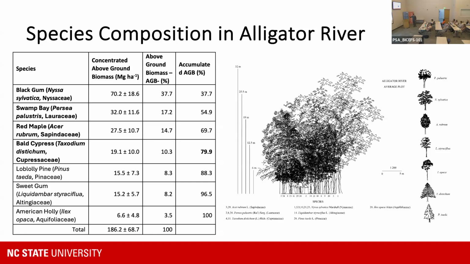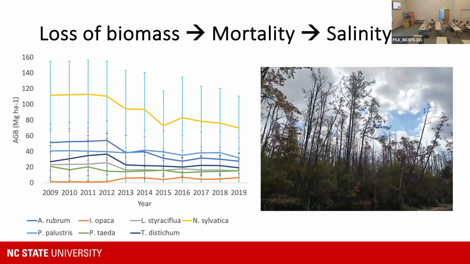So this is really cool, but what is even cooler is that we have 10 plus years of data on diameters and biomass. And we have been able to see from this a loss of biomass that we believe is maybe due to salinity. We are not 100% sure. Maybe it's just water level increasing that is causing this loss of biomass.